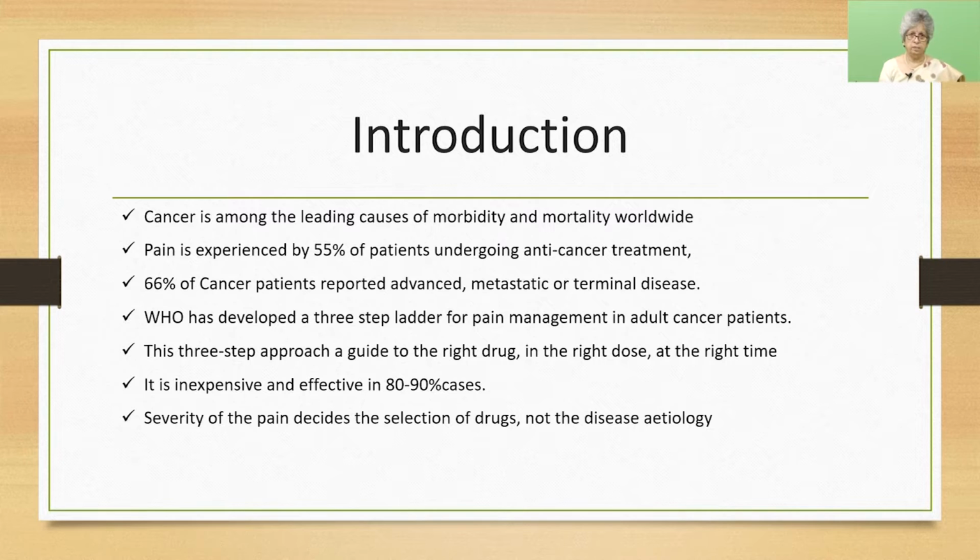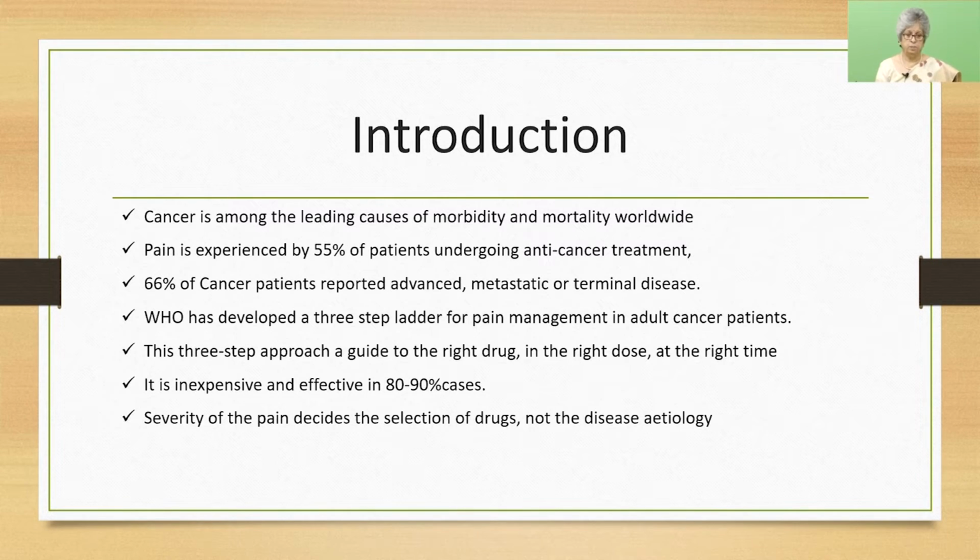If you see the incidence of pain, almost 55% of the patients who are undergoing cancer treatment experience pain. 66% of the patients who have an advanced stage of the disease experience pain.